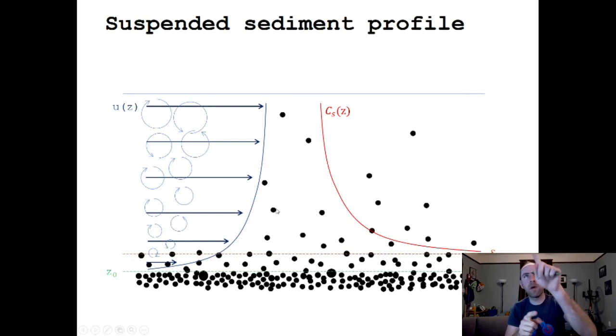And so every time a turbulent eddy lifts a particle up, it gets settled back down a little bit when that eddy slows down, or it resists just a little bit. And so you ultimately end up with a profile that looks like this. You might recognize that as sort of an exponential function, a decay function, right?